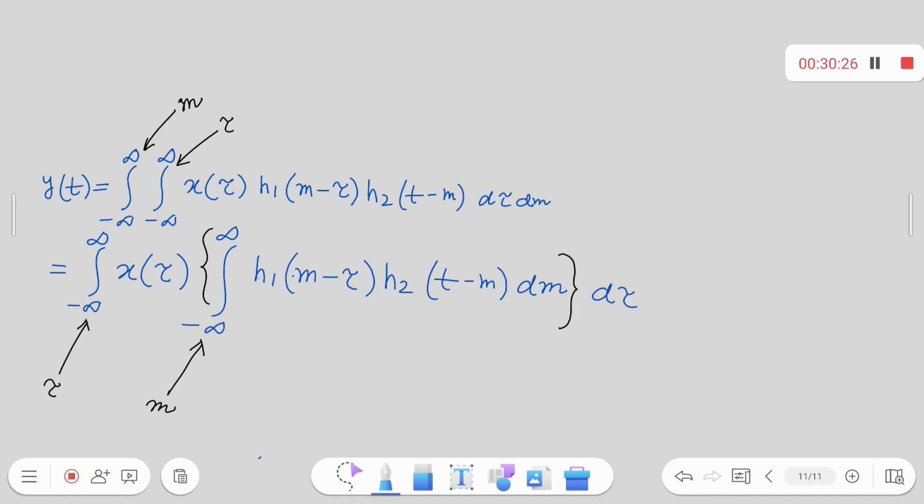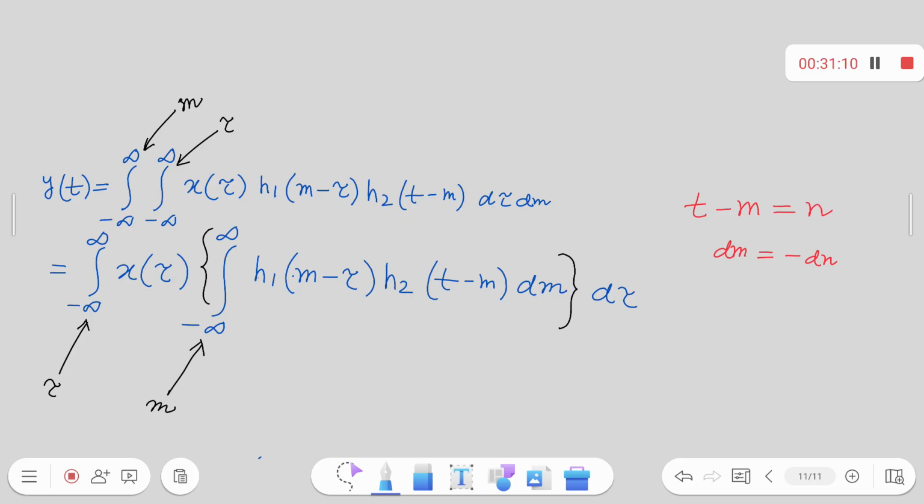Suppose I select t minus m as a new variable, say n. So t minus m is equal to n. Therefore dm is equal to minus dn.